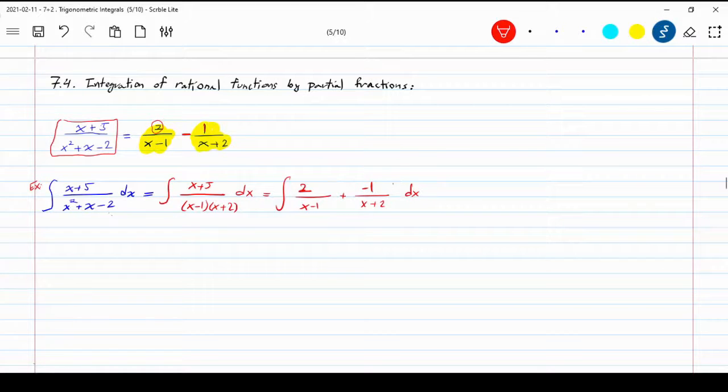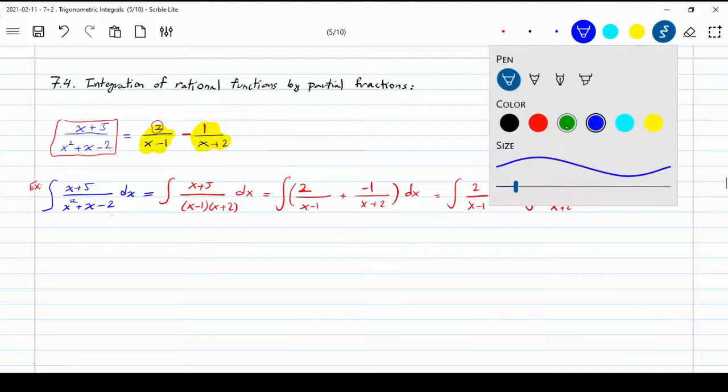If we could do this, then the integral simply becomes the integral of 2 over x minus 1 dx, plus, or you can factor the negative 1 outside and write it as minus the integral of 1 over x plus 2 dx. Now the question becomes, can you calculate these integrals? That is a simple task. I think you should be able to do it.